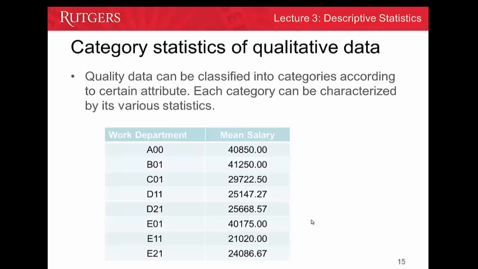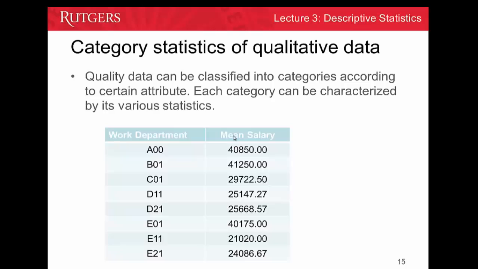Okay, then next, the descriptive statistics for the qualitative data is the category statistics. Usually the qualitative data can be classified into categories according to a certain attribute. Like here, the employee master data can be categorized into different work departments. So for each category, we could use different statistics to describe the characteristics of these categories.